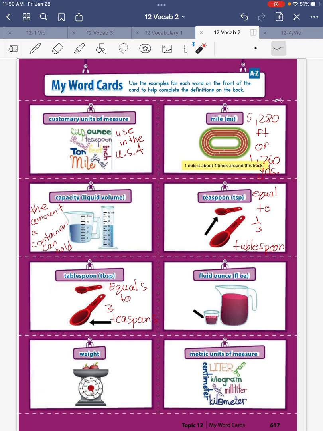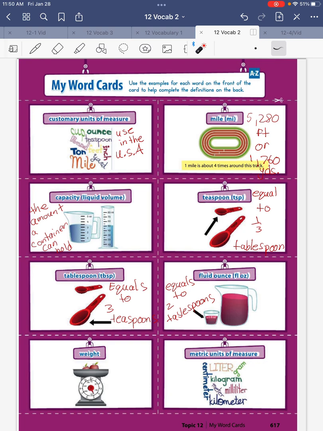Our next one is fluid ounces. Fluid ounces equals 2 tablespoons. So fluid ounces equal 2 of these, 2 tablespoons.